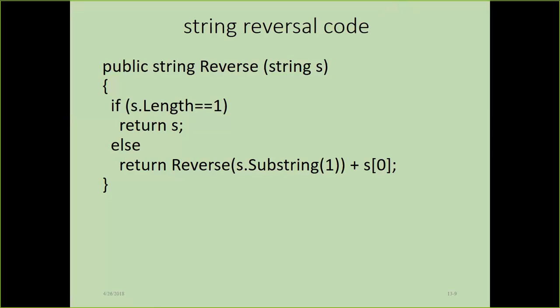Try to understand the substring methods clearly. You will be given a string and asked to find the substring from this point to that point. We discussed the substring method. One thing you have to remember is that the last index is excluded.